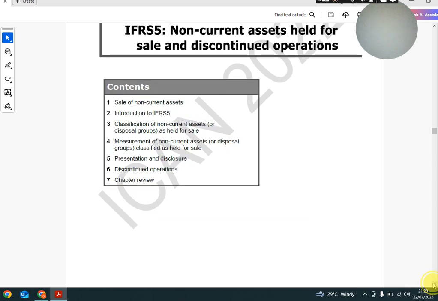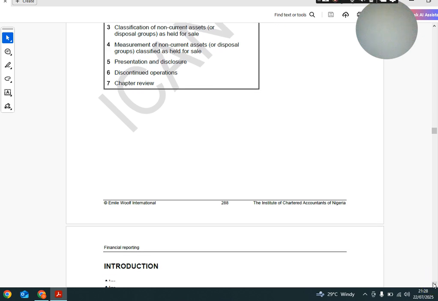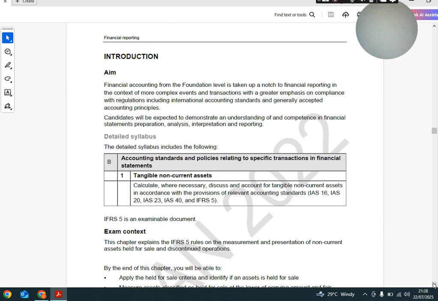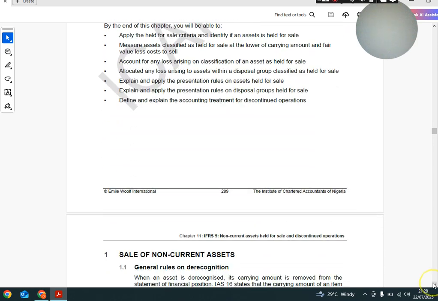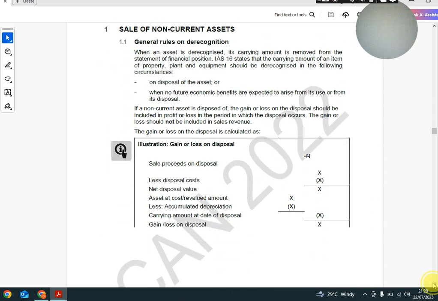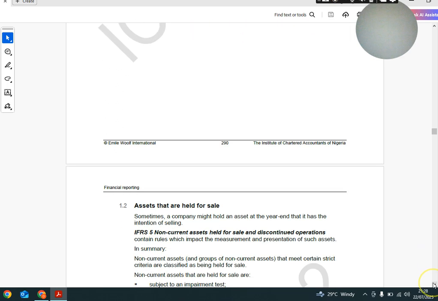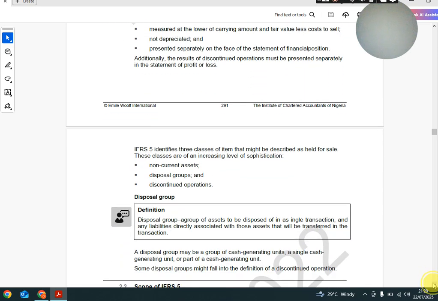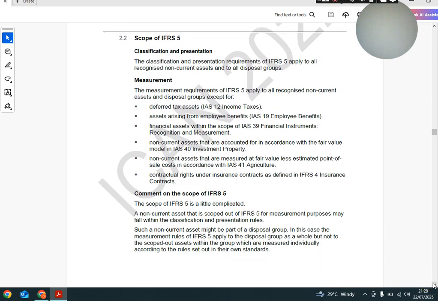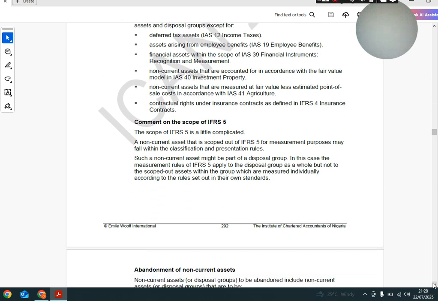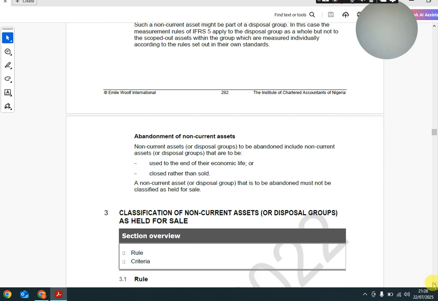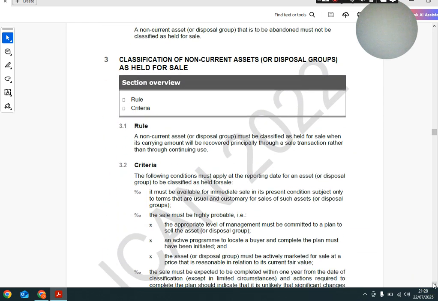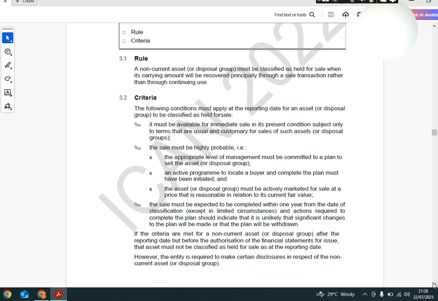So the sale must be probable, and for this to be the case, what do we do? What are the conditions to make the sale probable?